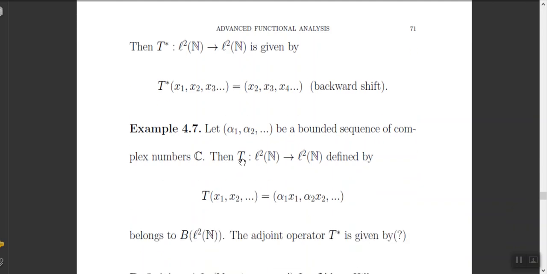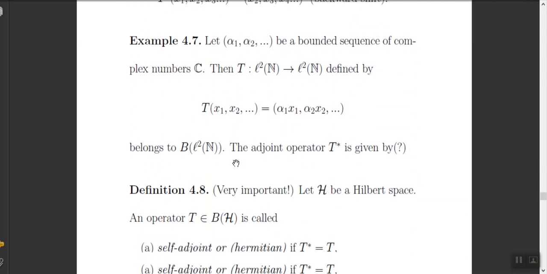Now look at the next example. Suppose that alpha 1, alpha 2, ... is a bounded sequence of complex numbers. It means the absolute value of each alpha i is less than a positive number.